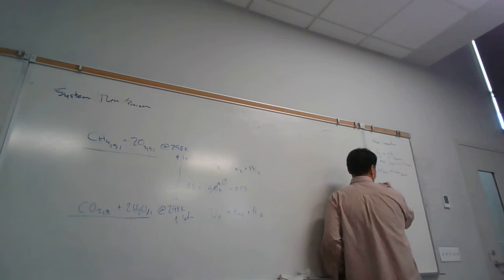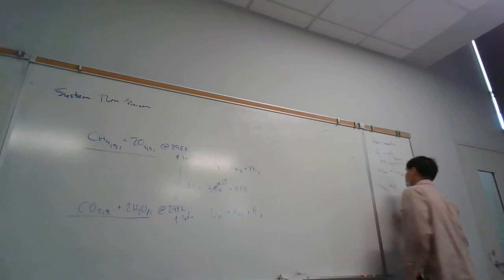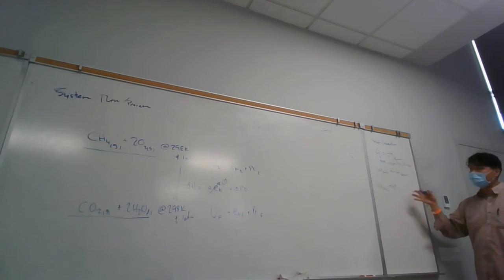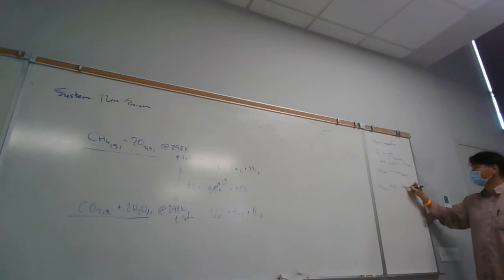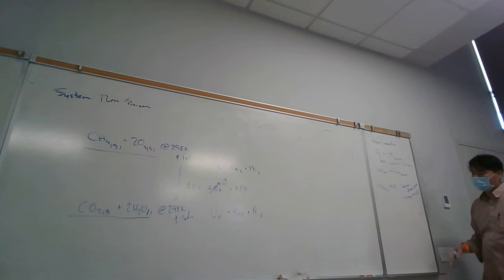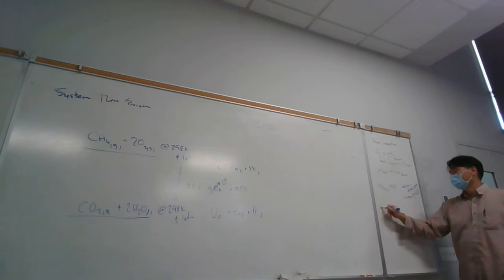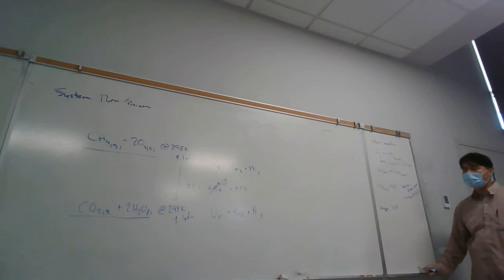Now, if the work of the system is less than zero, then what that means is the system did work. System does work. Energy is lost in doing that work. So energy is lost when the system does work. However, if the work of the system is greater than zero, then what happened?